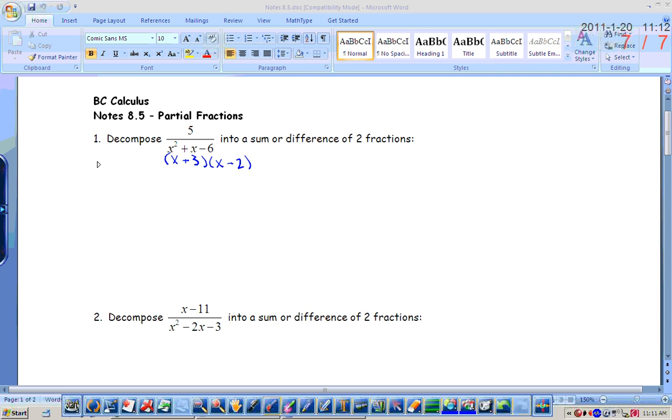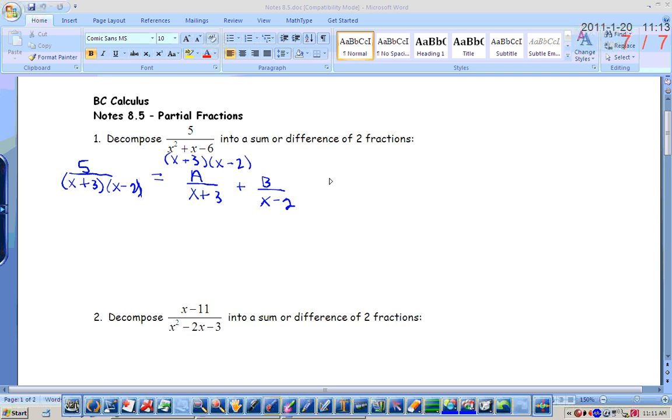So basically, what you're telling me is that 5 divided by x plus 3 times x minus 2 would equal some number over x plus 3 plus another number over x minus 2.